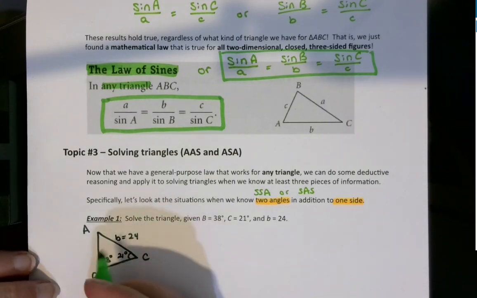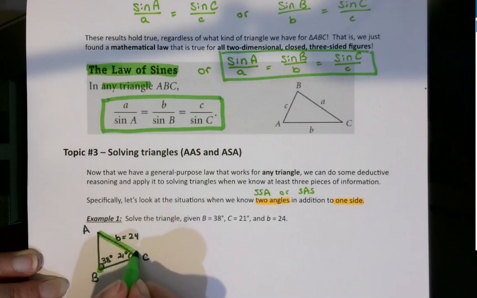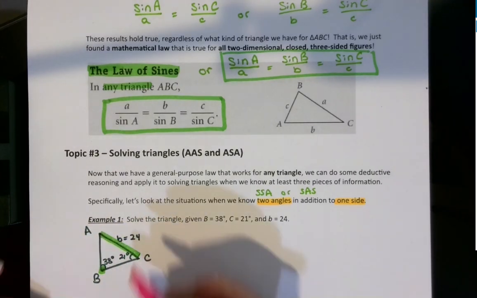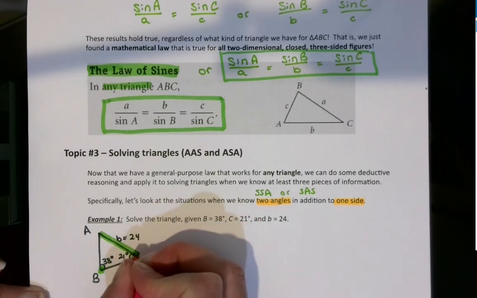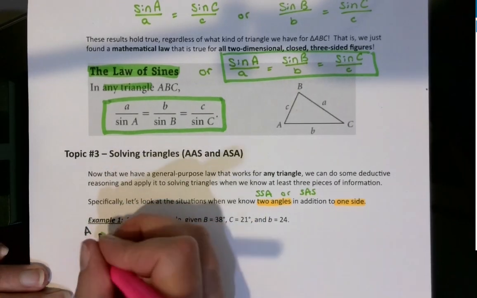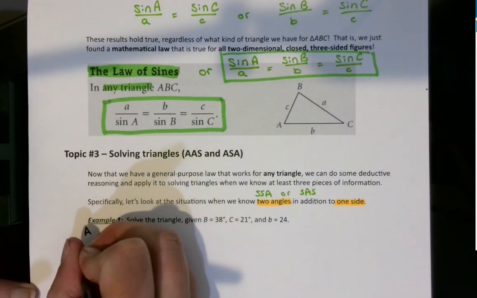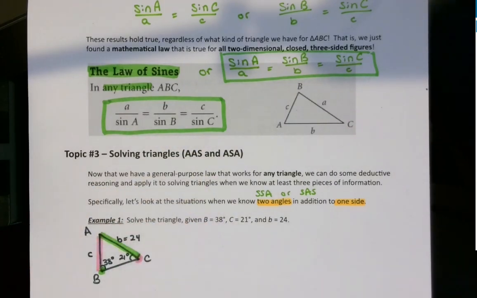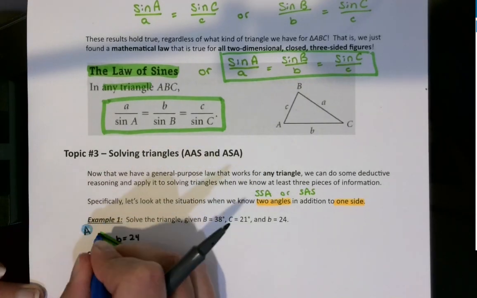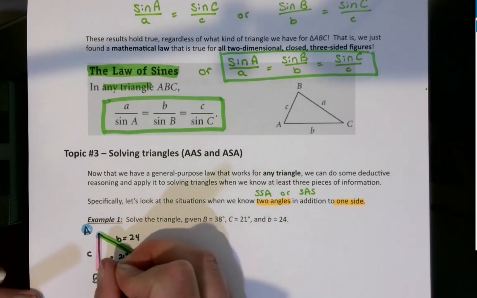I know that pairing of angle B and side b, and I know the measure of angle C. I need to find the rest. I need to find the pairing side little c. I don't know that one. And I need both parts of A. I need to find angle A, and I also need to find side little a.